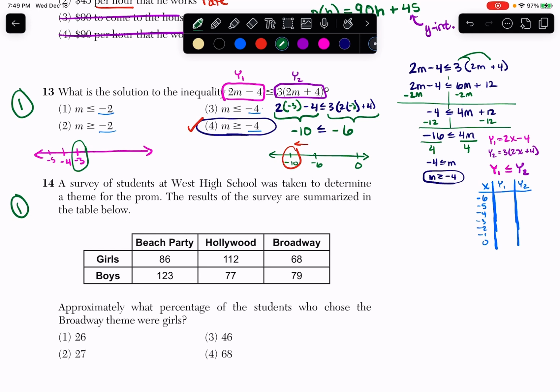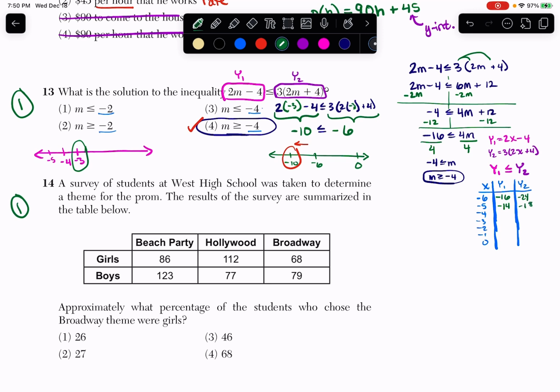When x is negative 6, y1 is negative 16, y2 is negative 24. When x is negative 5, y1 is negative 14. y2 is 3 times negative 6, negative 18.